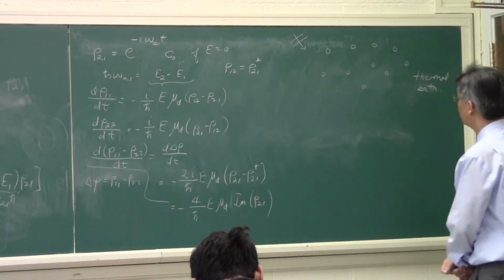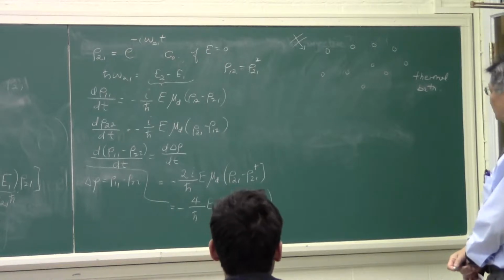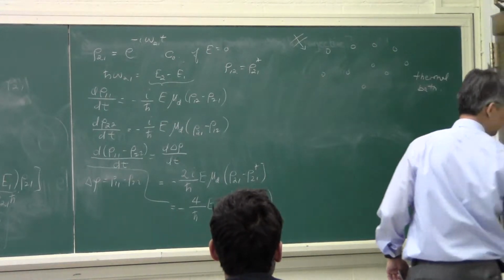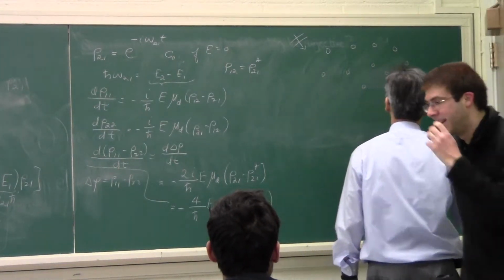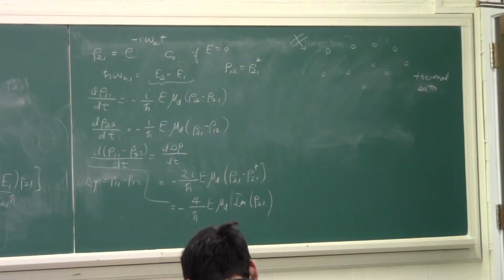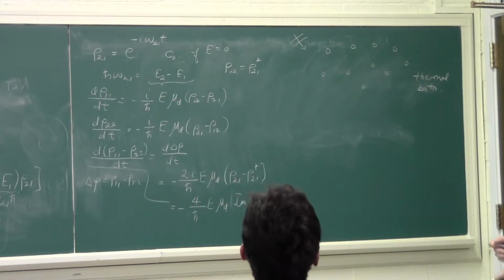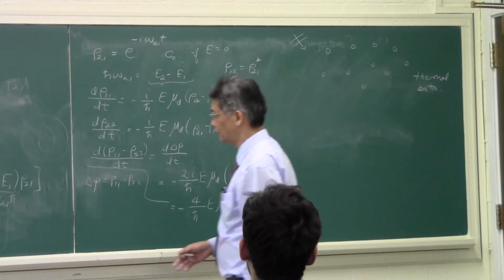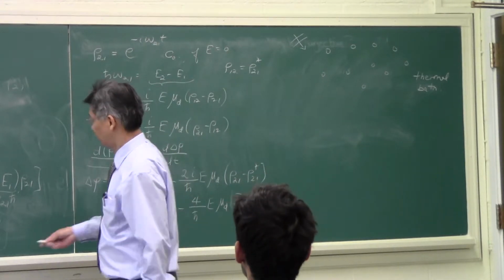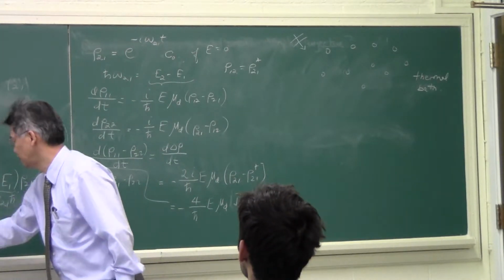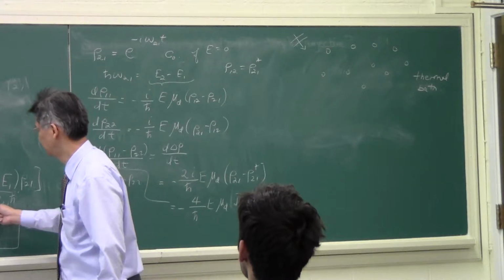Okay? So, even if there's no exciting electric field, there will be something happening to this system. One of the things that happens is that, even if there's no exciting electric field, this equation of motion is not truly correct. Okay?